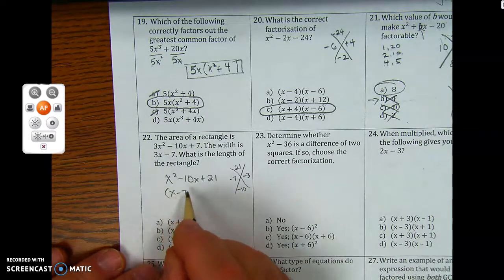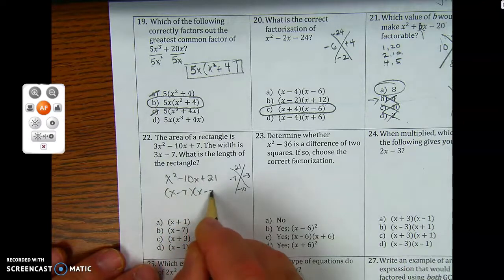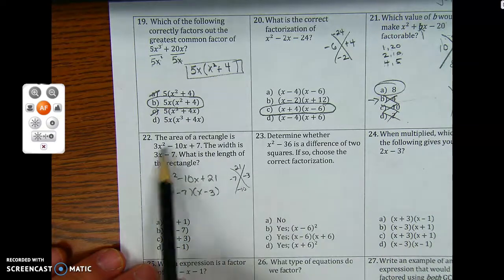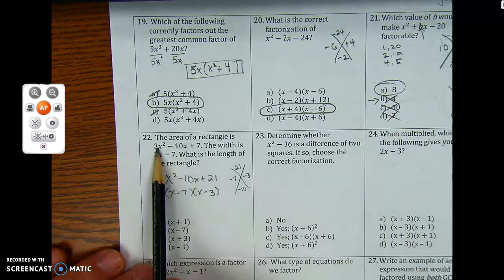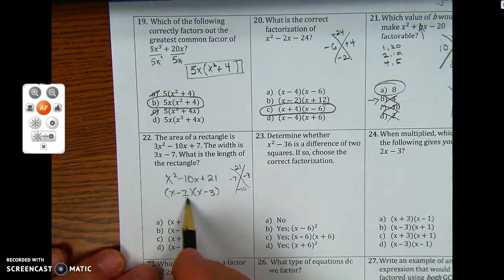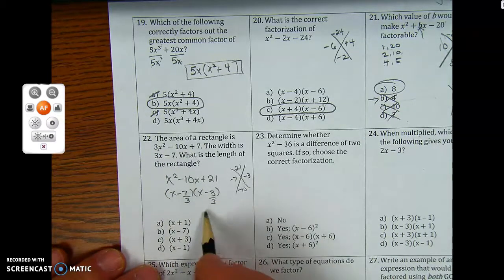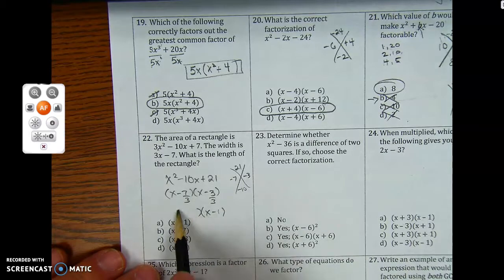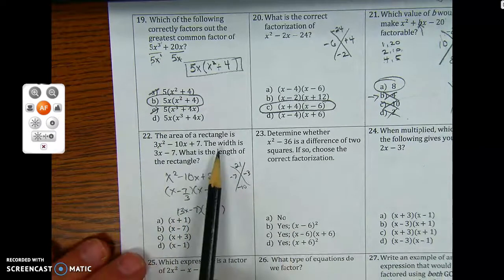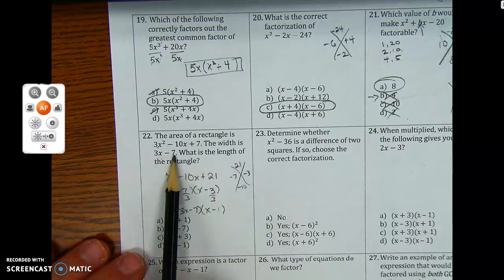X minus 7 times x minus 3. Now divide both of these by A. So divide by 3, divide by 3. This second one will be x minus 1, and this first one we do bottoms up and we get 3x minus 7. So the problem says the width is 3x minus 7.